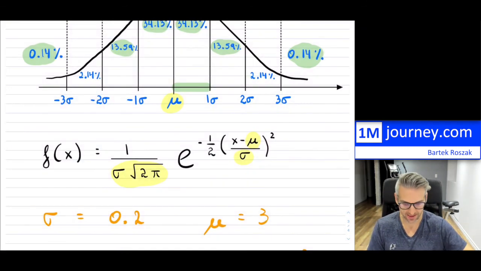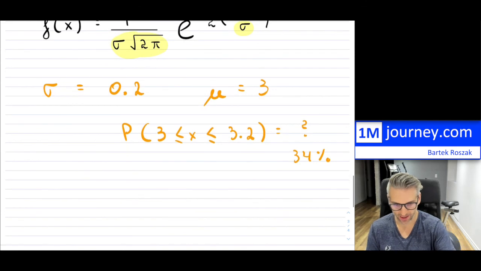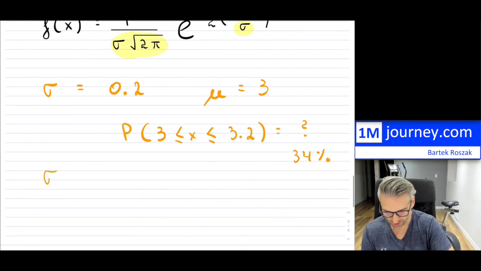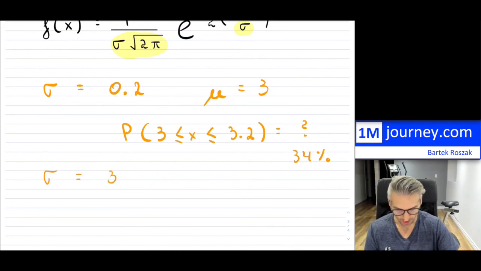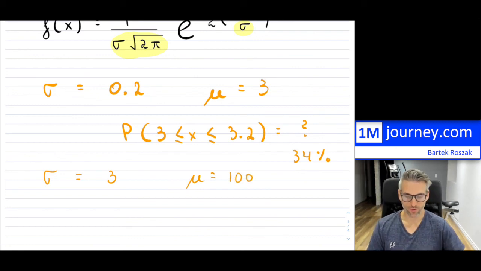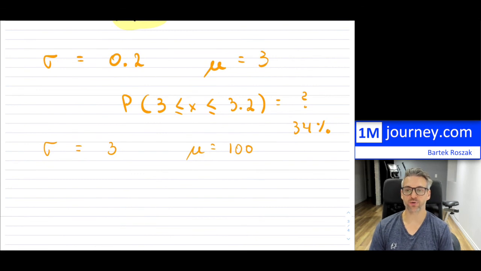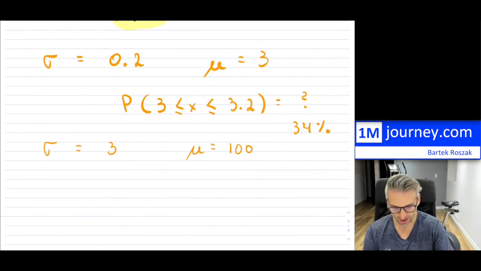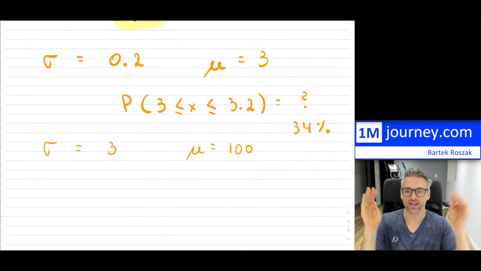So for instance, if I would say, let the standard deviation be equal to, let's say, I don't know, 3, and let the mean be equal to 100. And now you wanted to find the probabilities again. So now, let's say within 1 standard deviation.